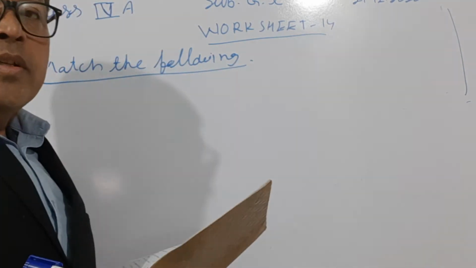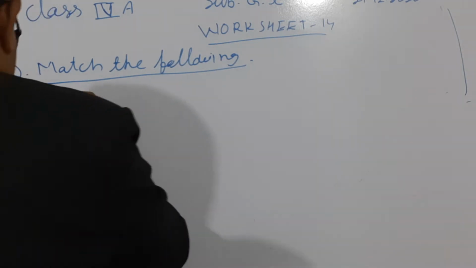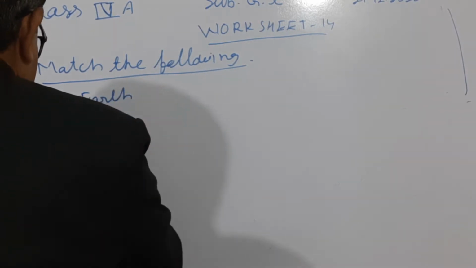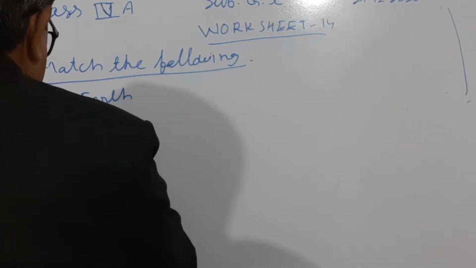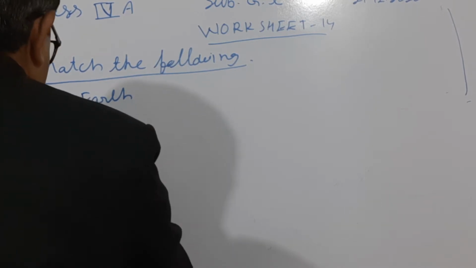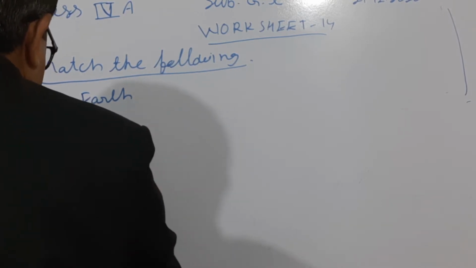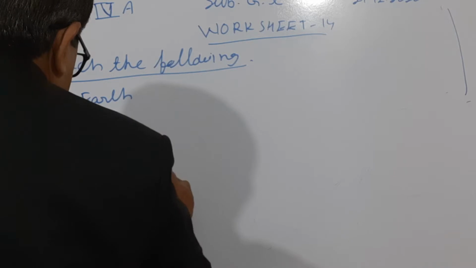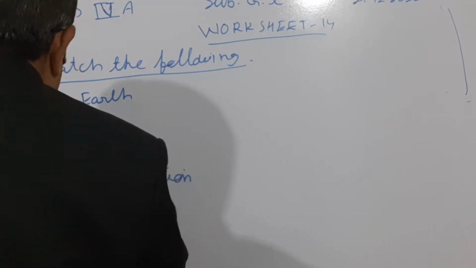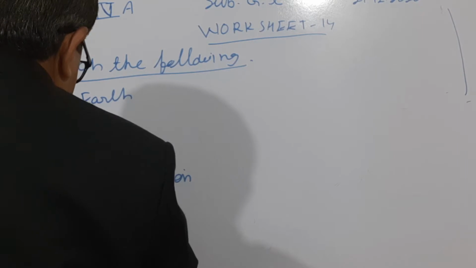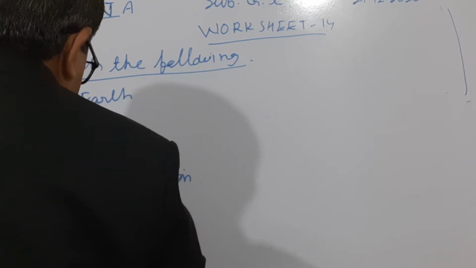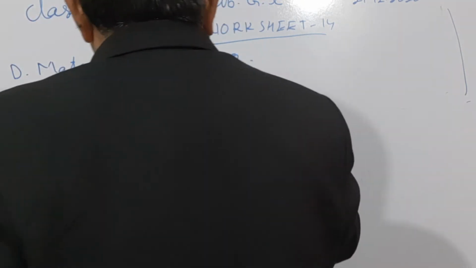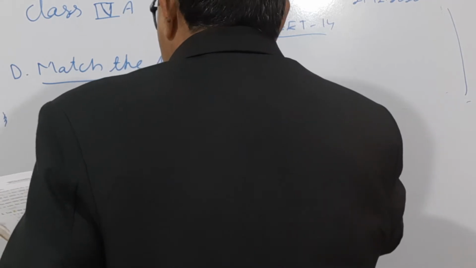D. Match the following. First one is Earth, second Sun, third is Moon, fourth is revolution, and fifth is rotation. Four are given here, and in front of A, the day and night.